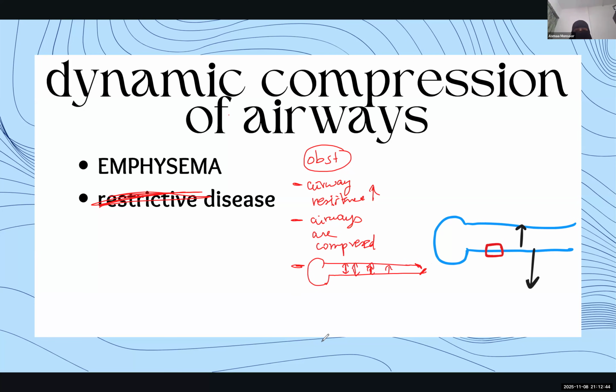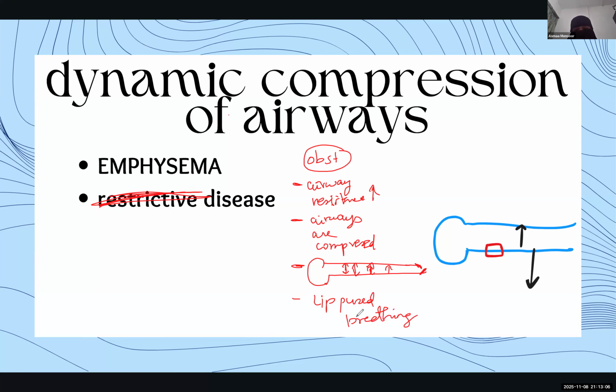This will make sure that the airways are patent. If the airways are patent, this will make breathing easier for the person. So the person will have lip pursed breathing.